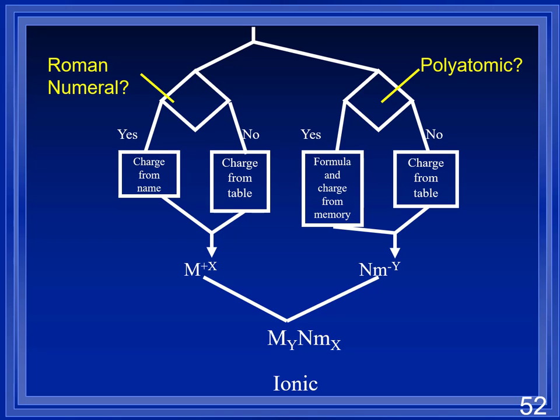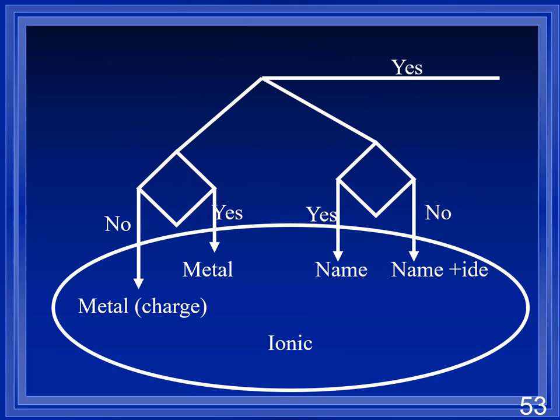We'll make those decisions later. Okay. But for right now, once I get over there, the first thing it does is split into two pieces. Splits into two pieces because I'm going to name the metal and the non-metal.